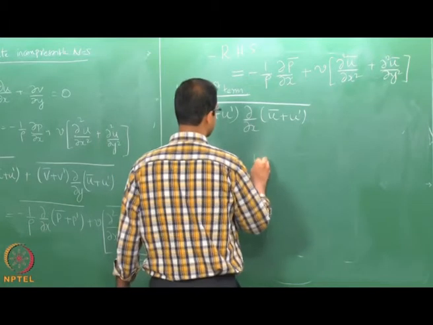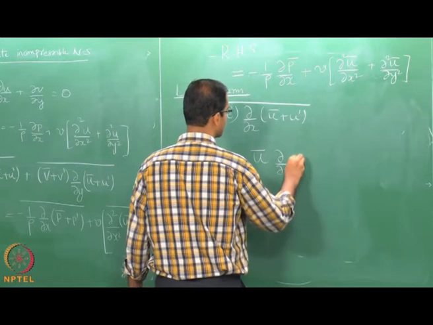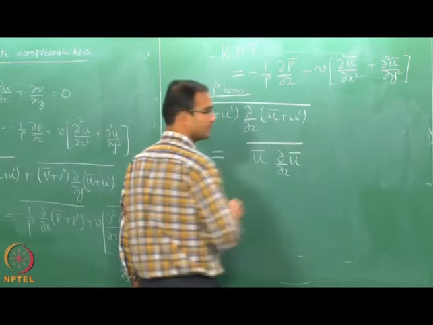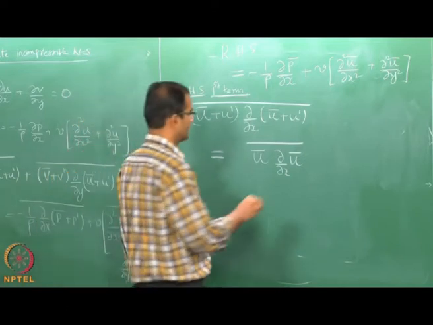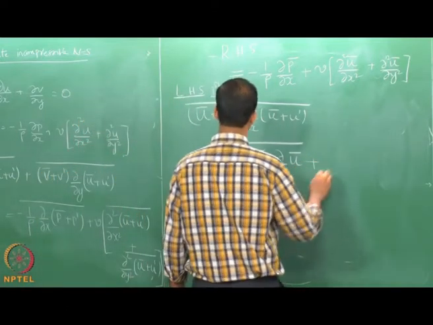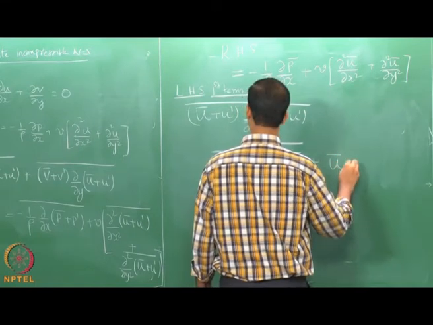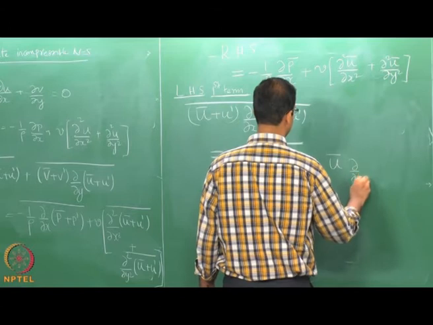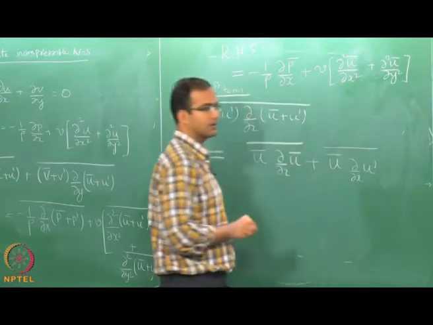One is u bar d by dx of u bar, averaging operator applied to that, plus u bar d by dx of u prime, averaging operator applied to that.